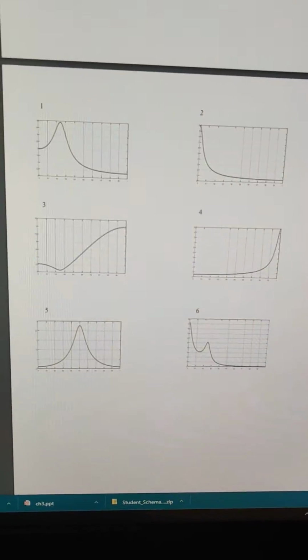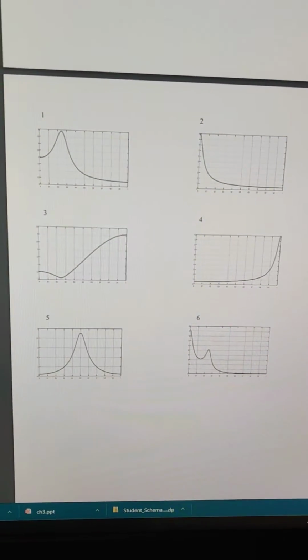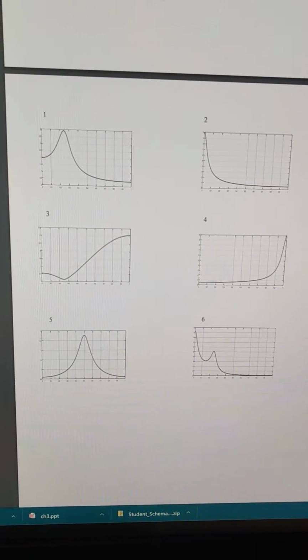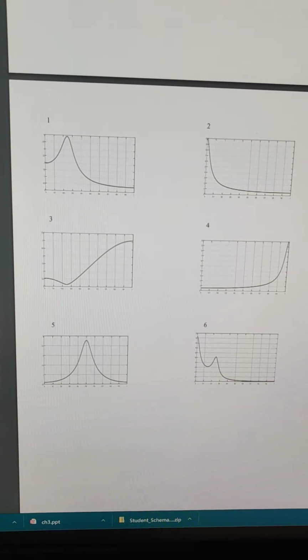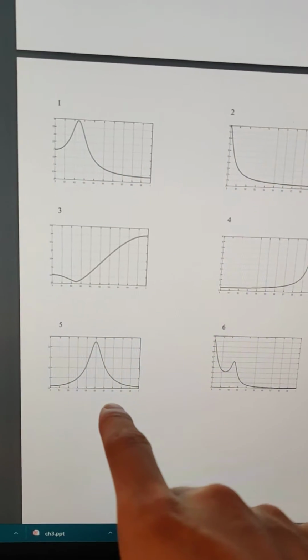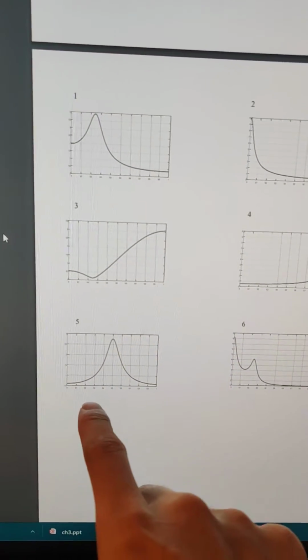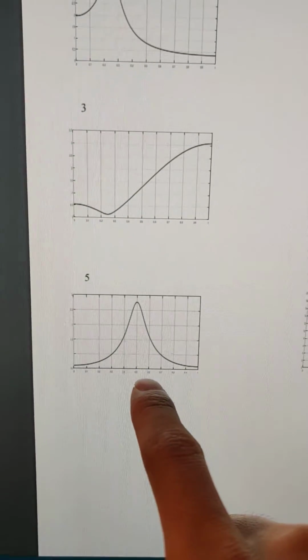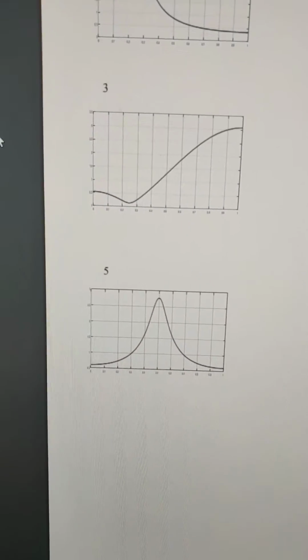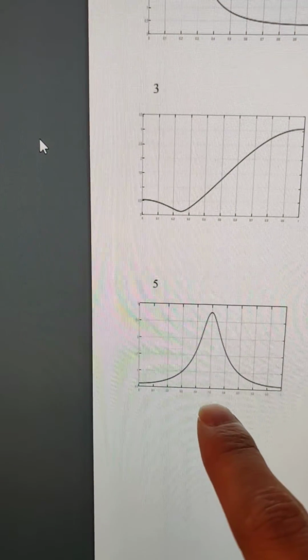So from these characteristics, we can find it will be frequency response 5, second order, and resonant peak at pi over 2.